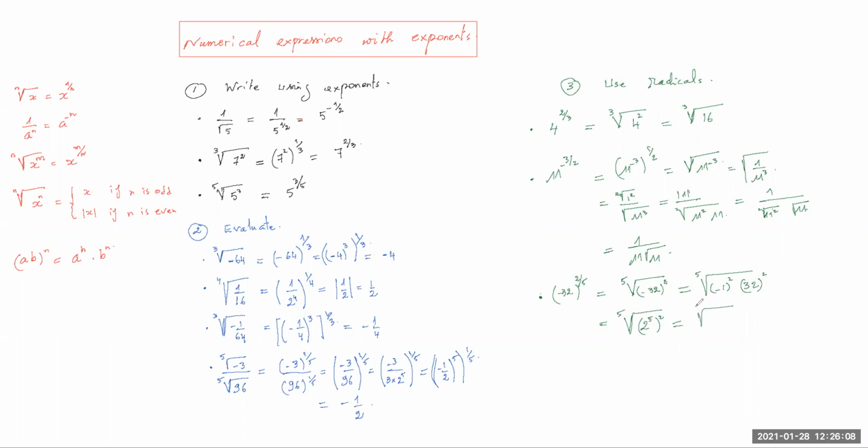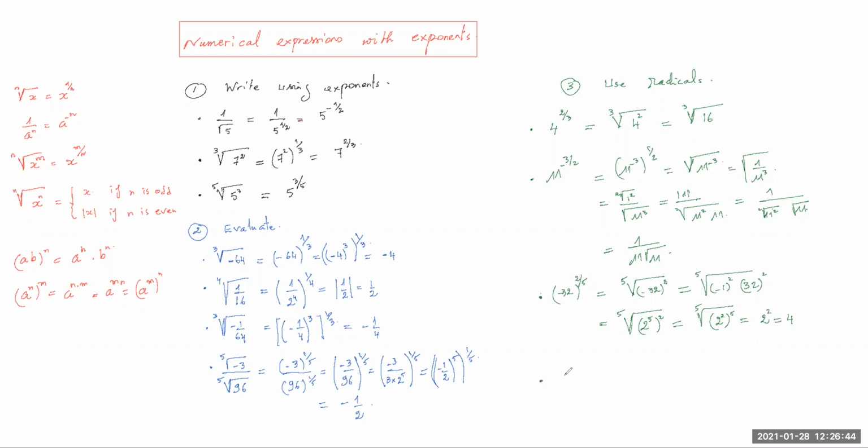I can say it's 2 squared and power 5, because I know that a power n, power m, equals a power n times m, which is also a power m, power n. So this is what I'm using here. Because I have 5 and 5, I can take away the root, and the answer will be 2 power 2, which is 4.